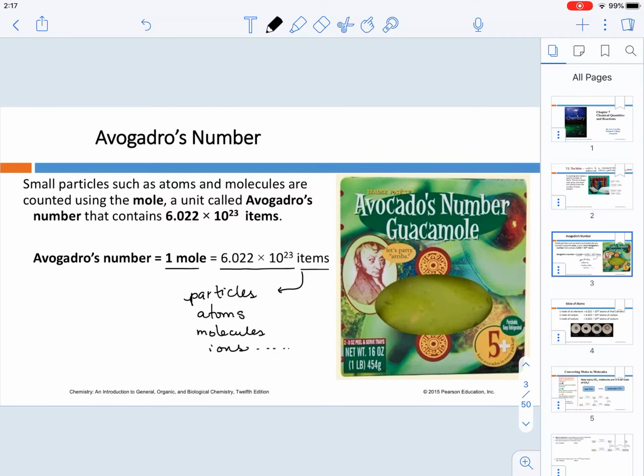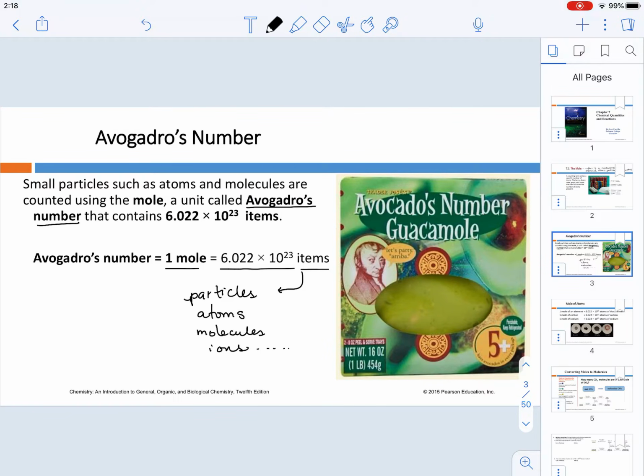Because when we are in chemistry, remember that we are visualizing those elements in the periodic table or those compounds that we're working with differently, okay? So understand that that number, 6.022 times 10 to the 23rd, is known as Avogadro's number.